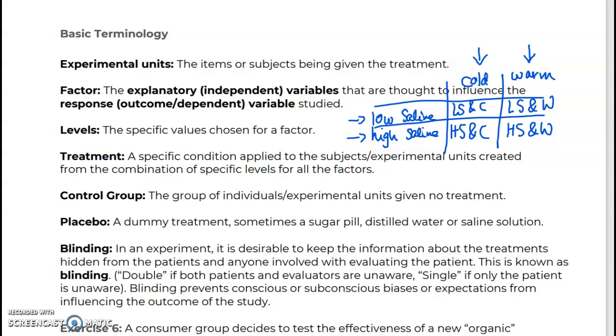This is very important because we want to make sure that knowing that you received a treatment doesn't affect the outcome. And for the person administering, maybe the way they look at you or the way they treat you, they may let you know whether you're receiving the treatment or not. This can be very frustrating for the person receiving the treatment because they may never find out whether they received the treatment or the placebo.